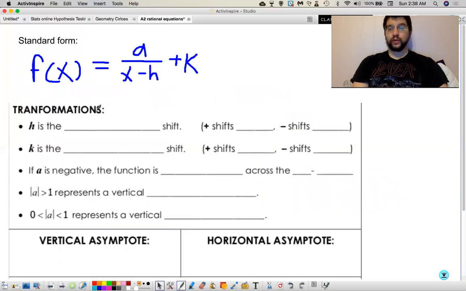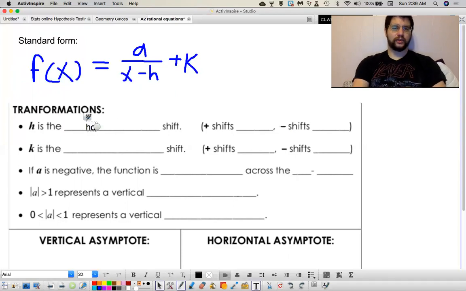In the standard form, we will be transforming these. So here's the standard form: a over x minus h, plus k. K is the vertical shift, h is the horizontal shift, the opposite sign. And a determines the stretch or compression vertically and whether or not we're reflected over the x-axis. So again, h is the horizontal shift, k is the vertical.